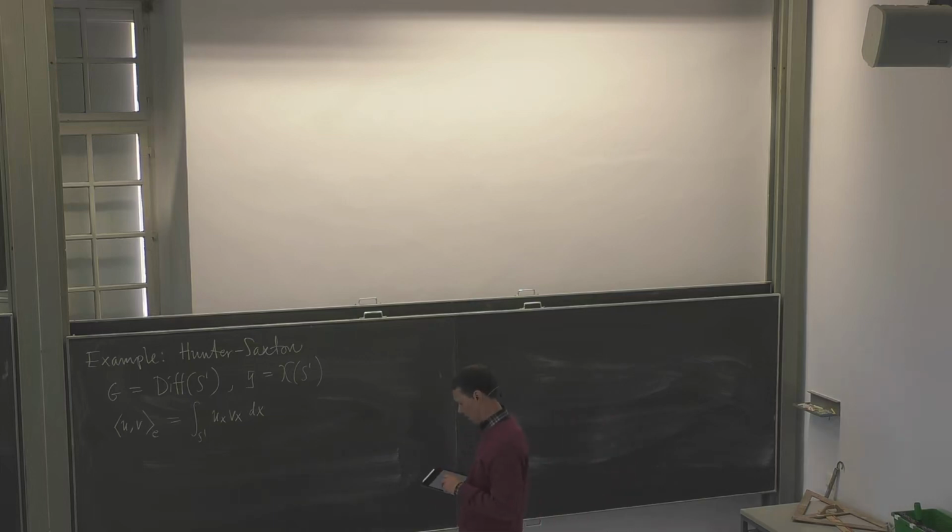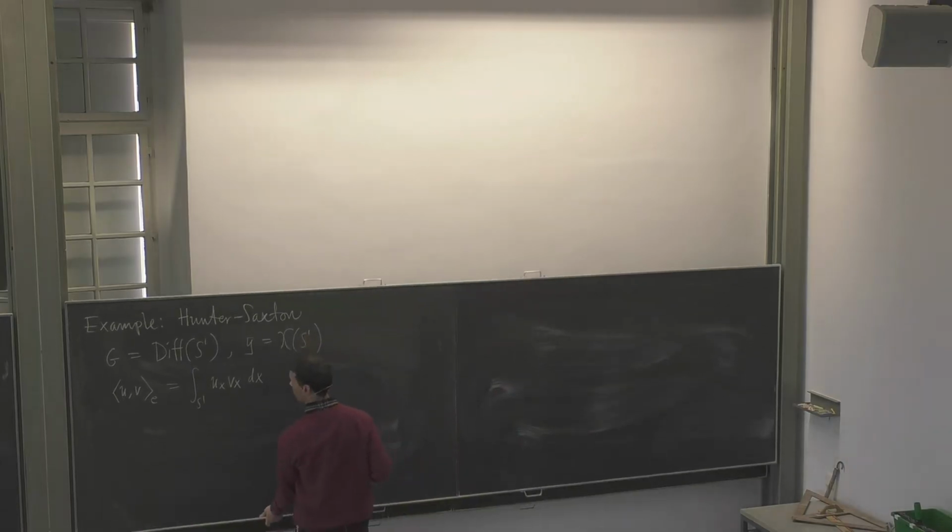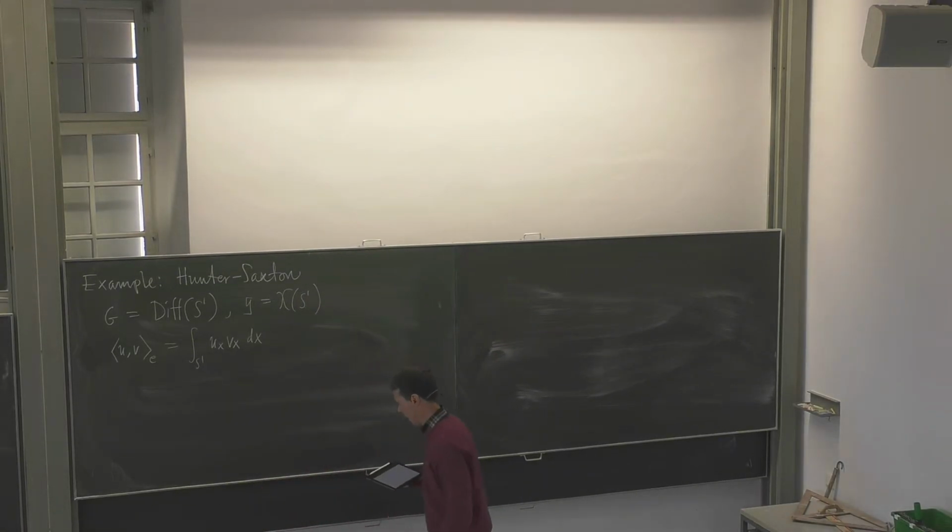Okay, so what is the next step? Well, we have to compute this ad transpose. So let's do that. We take some test vector w, and we know the definition of ad transpose of, let's say, u applied to v is the following.